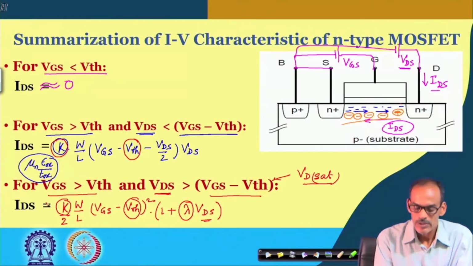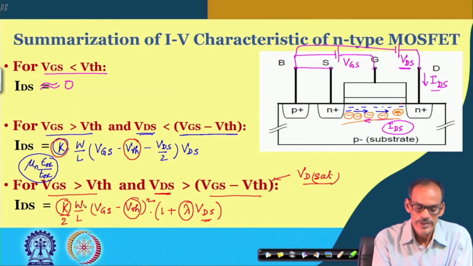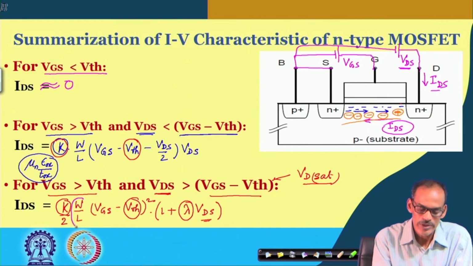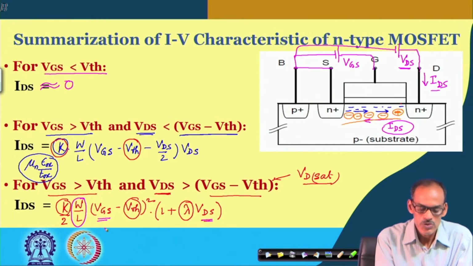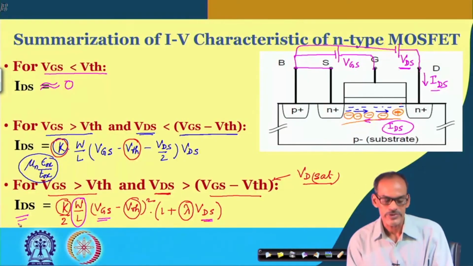The rest are the voltages and the device dimensions, and as I said, for board level design, if the device is already implemented, which means W and L are already fixed, then as a circuit designer we have the flexibility to change VGS and VDS to get a meaningful current flow. So, that is the IV characteristic.